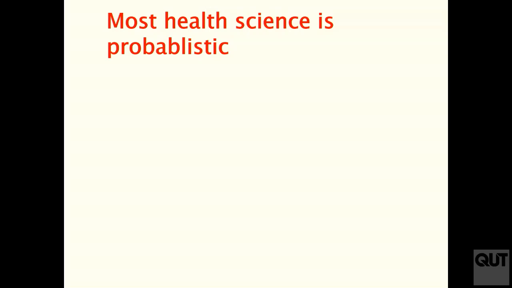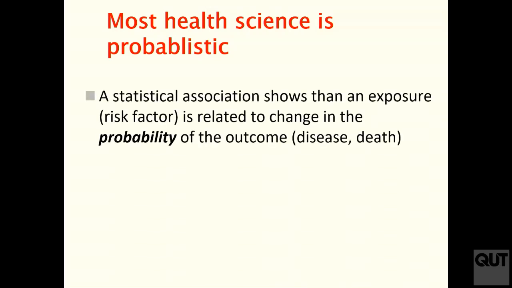The fact is that most health sciences are probabilistic. We don't do physics. We don't do mathematics, where you can get certainty. In chemistry, often, you mix two chemicals, you know under certain temperature conditions, you know exactly what's going to happen. 100% right.